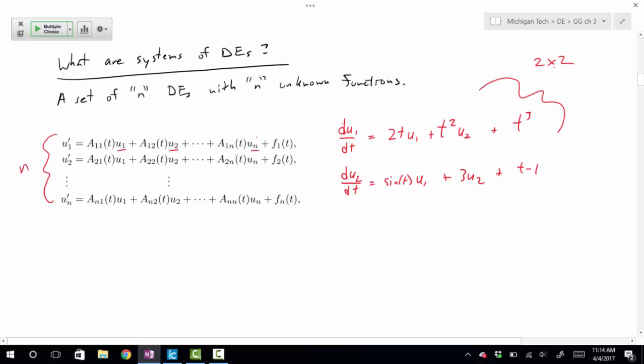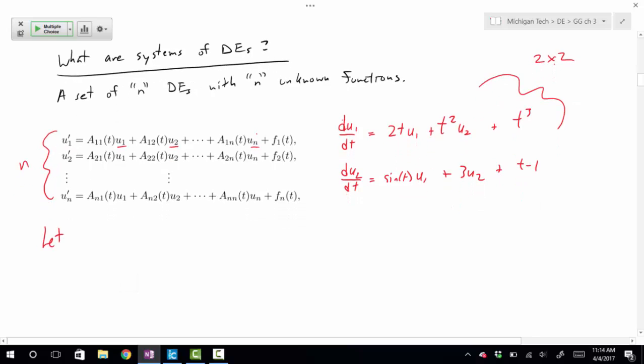What does that mean? That means if I let u be a vector valued function of t, that means I plug in a value of t and I get this vector of functions that will look like all of my unknown functions, u1, u2, in general down to un. Then in my specific case, just u1 and u2. That's what u is.